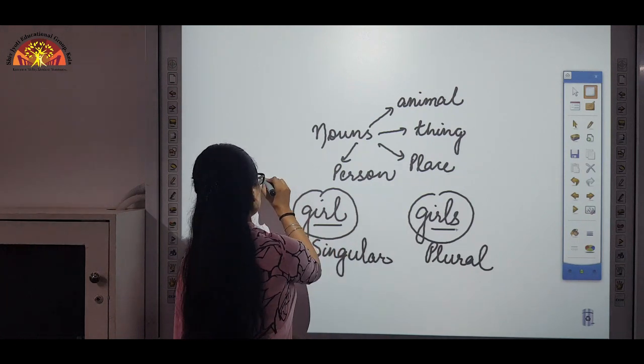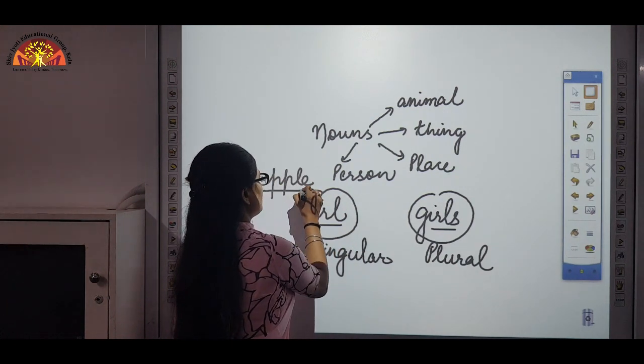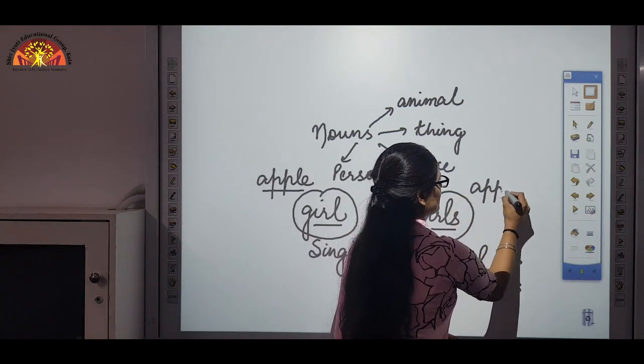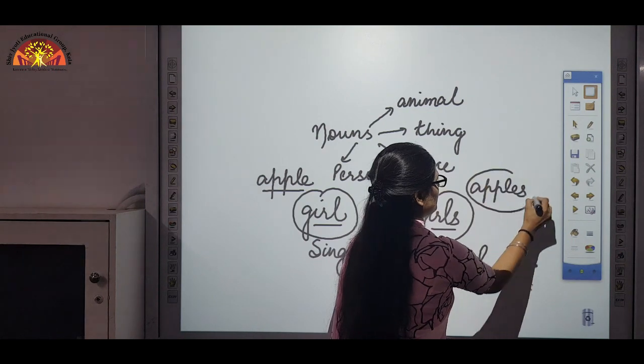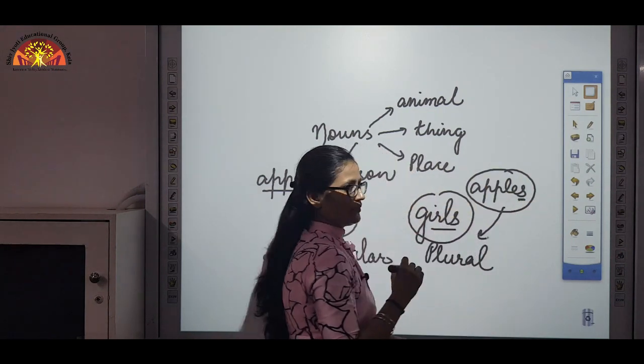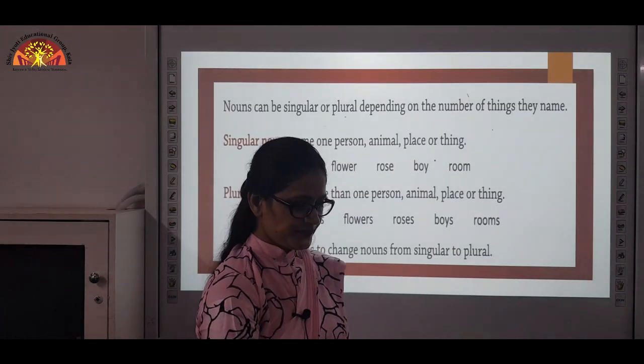Suppose I am talking about apple. So, this is singular noun, right? If I am talking about apples, it is plural noun because I have added s to it and it will become plural noun. So, similarly, let's see what's there in your book.